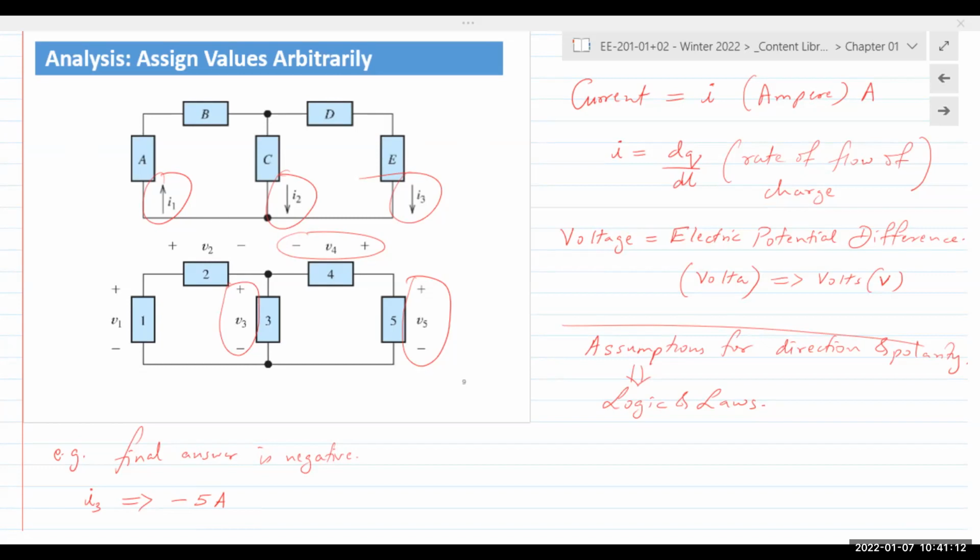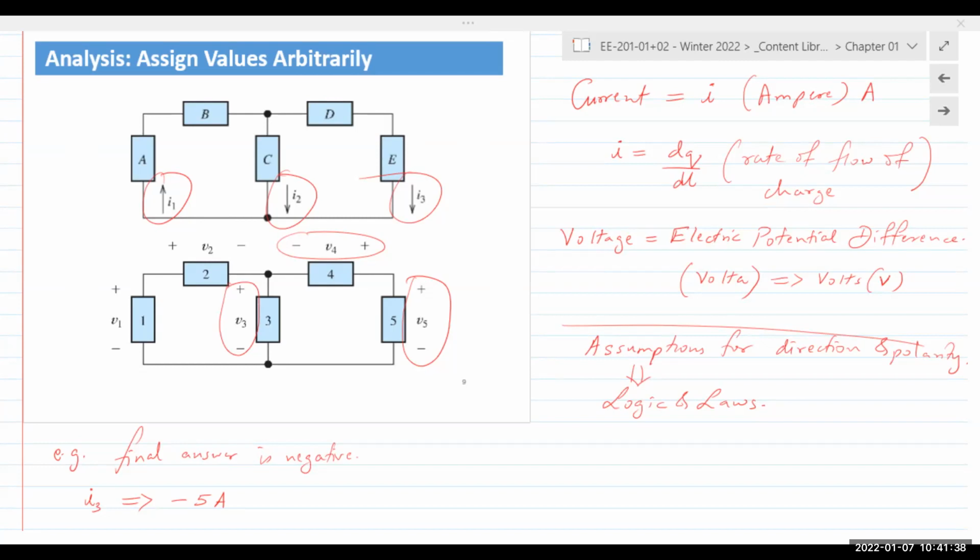If in fact I3 is actually going up, your answer would be plus 5 amps. You would still get full credit. So I will take a look at your value. I will also take a look at the arrow direction or the polarity that you've indicated on the circuit diagram, put those two together, and then assess your work. Right? Now, if the arrow is going up and you get minus 5 amps, then that is incorrect.